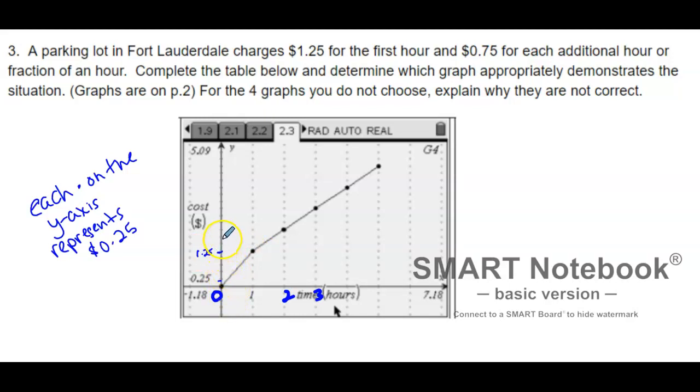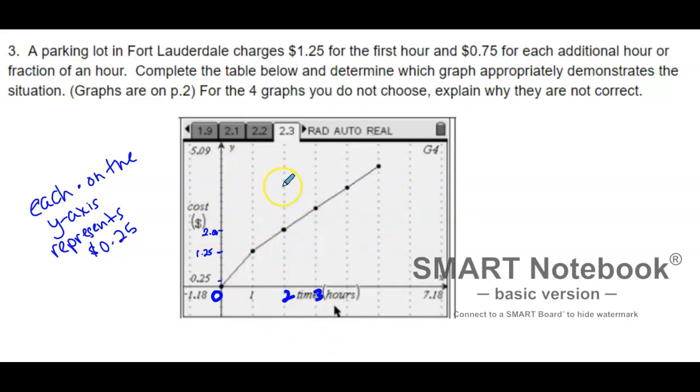So they're going up by 25. So that would be 150, 175, and then $2 right there. And so it's going up by 25 cents for each mark, or each dot, or each tick mark there.